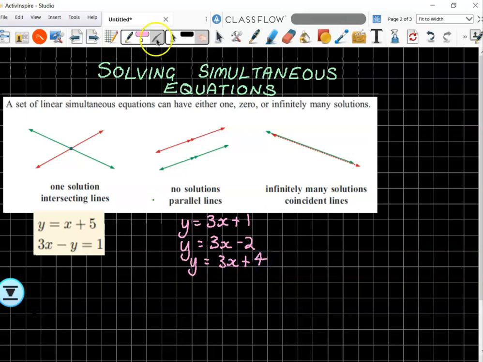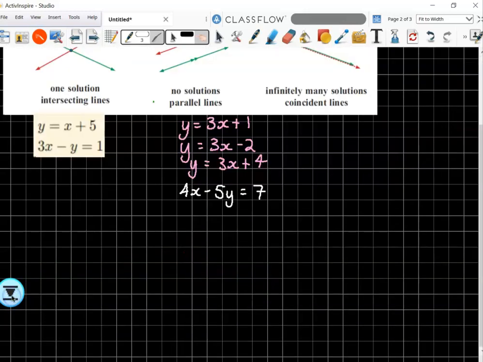Okay, smarty pantsers. What about if I have 4x take 5y equals 7? Can someone give me a line that's parallel to that? Would it surprise you that it could be 4x take 5y equals 11?